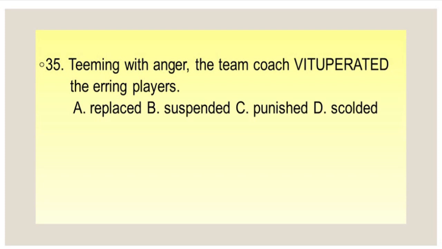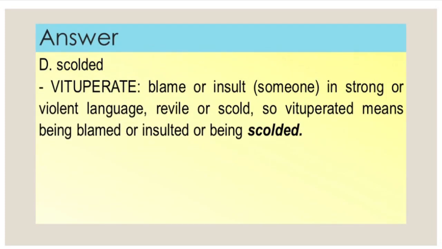Strong words are punished and scolded. Okay, we will decide to choose scolded. Why? Because by context, vituperate means blame or insult someone, probably in strong or violent language. To revile or scold someone.